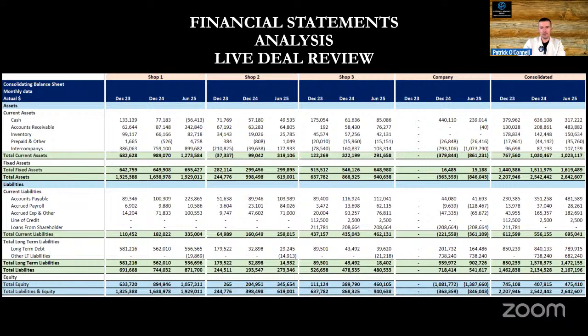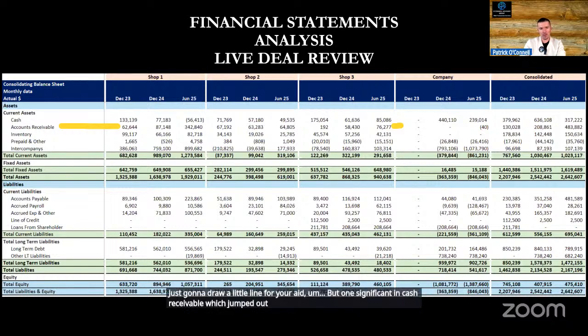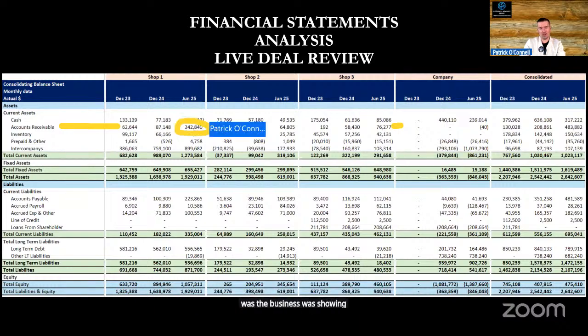You'll see that here. I'm just going to draw a little line for your aid. But one significant accounts receivable that jumped out in shop one was $342,000 in June of 25. If we look at the balance sheet of the business, that represents a significant portion.